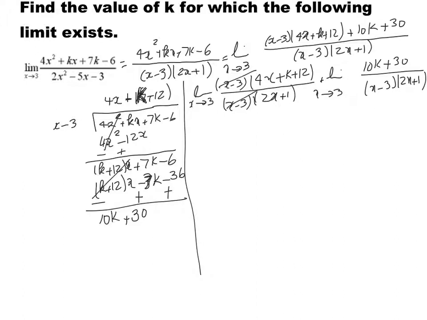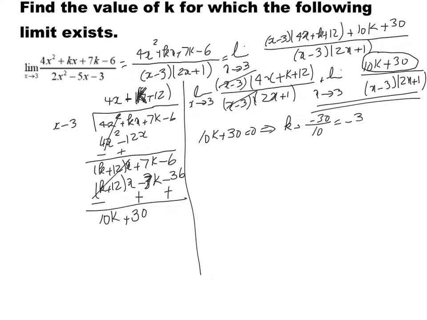The problem is this part, because when x goes to 3, the denominator is still 0. So to make sure that the limit exists, we need to make sure that 10k plus 30 is going to be 0. So 10k plus 30 has to be 0. So from here I get k has to be negative 30 over 10, which is negative 3.